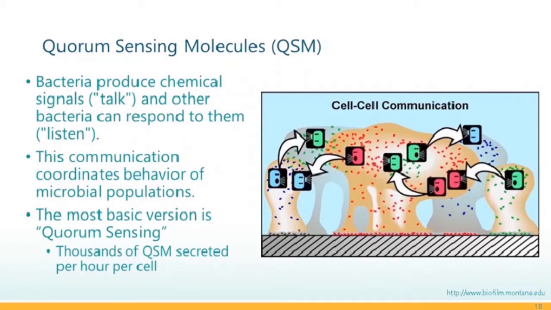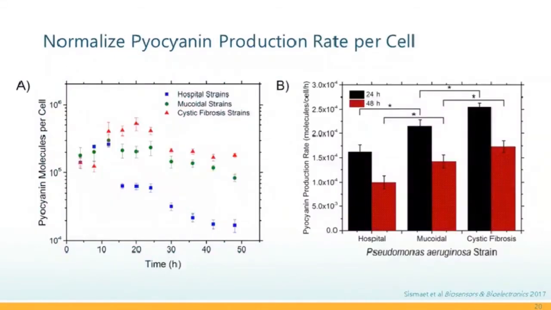And the molecules are very similar to pheromones that higher level organisms are producing. So these are small molecules for the most part that we're tracking and measuring. What we've been able to do is study a bacterial strain called Pseudomonas that's very common in pathogenic infections.